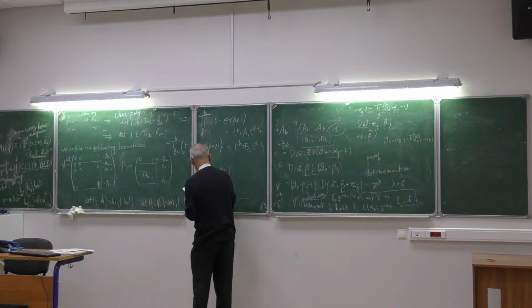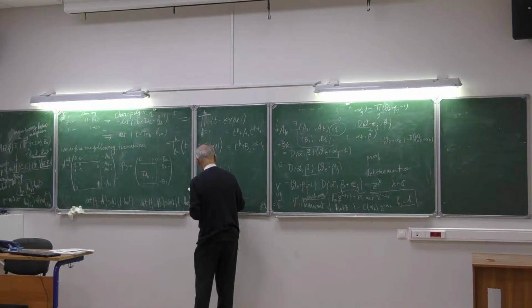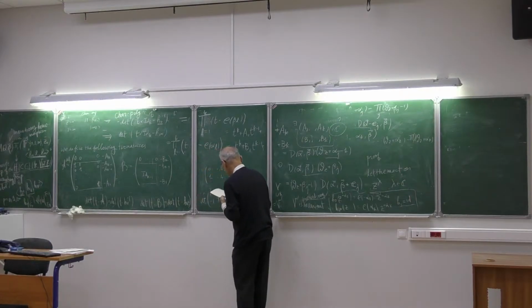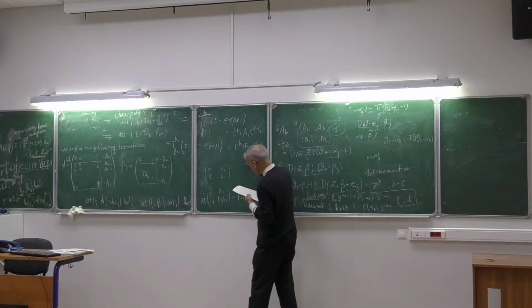So t plus a1, a2, minus 1, let us take the determinant, equals t squared plus a1t plus a2, isn't it? It's written here, the k equals 2 case.